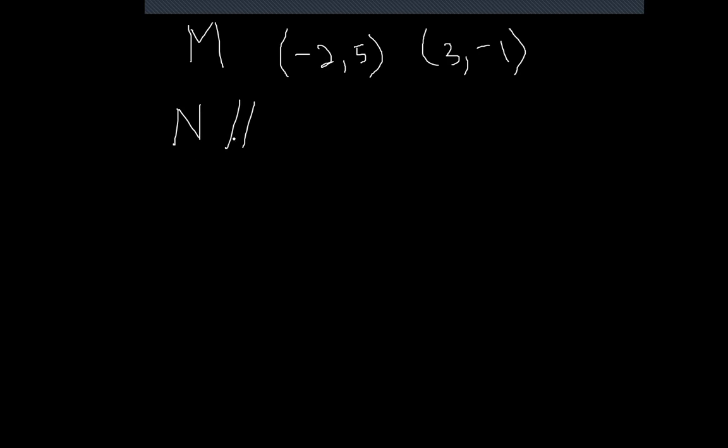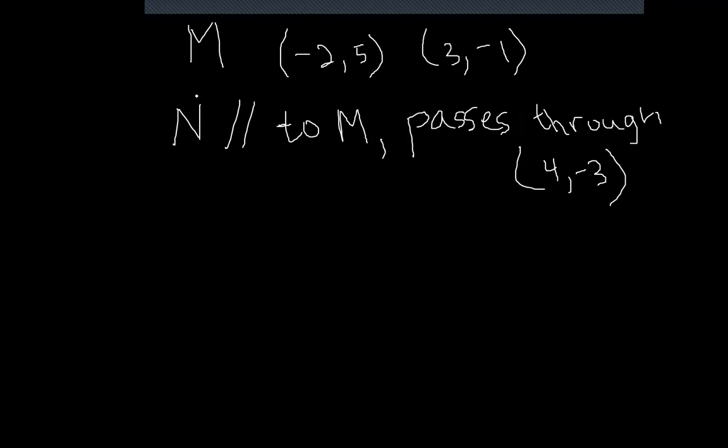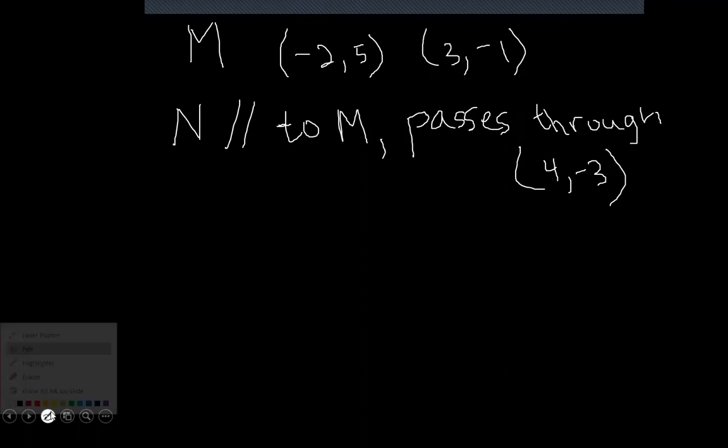They also told us that N is parallel to M, and it passes through the point 4, -3.